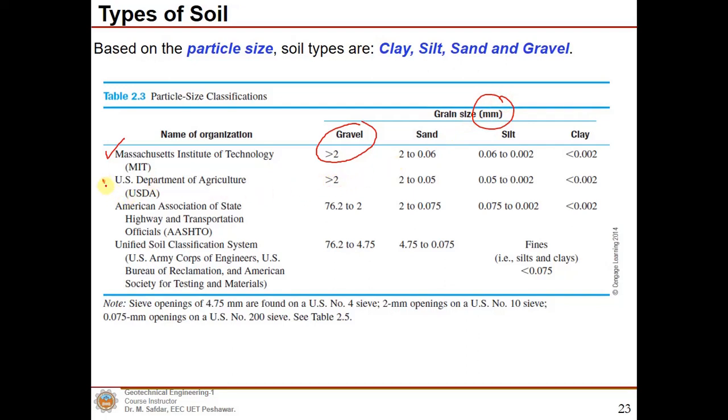The US Department of Agriculture also says that particles having size greater than 2 millimeter will be classified as gravel. Then there are the AASHTO classification system and USCS, which is being followed by the US Army Corps of Engineers, US Bureau of Reclamation, and American Society for Testing and Materials.